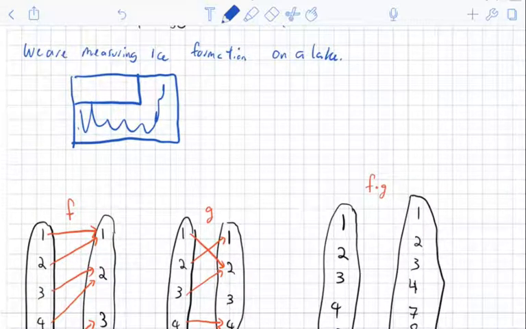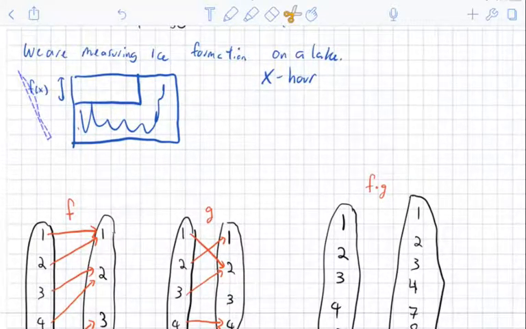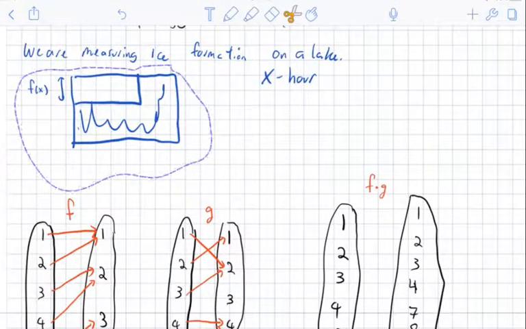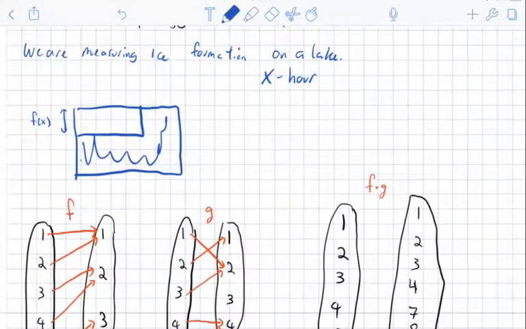So the length this way in terms of x is the hour since we started measuring. This height, the length of the ice on the western side, is f of x. So I have a grad student out there with a measuring tape measuring how long that line is. I have another graduate student over here measuring how long this side is, along the northern side, right?